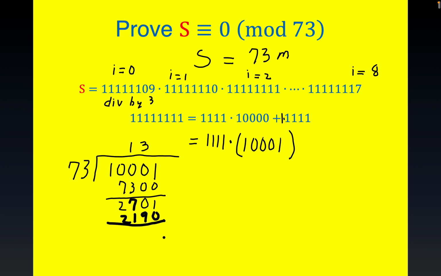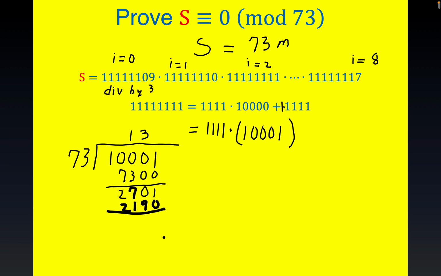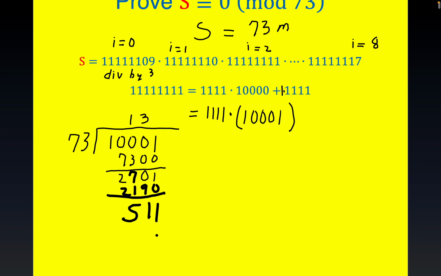When you subtract right here, folks, you end up getting 511. I must have made the pen bigger. Okay, and then to close it out, you need a 7 right here, because 7 times 73 is this number. Okay, 490 plus 21, right?